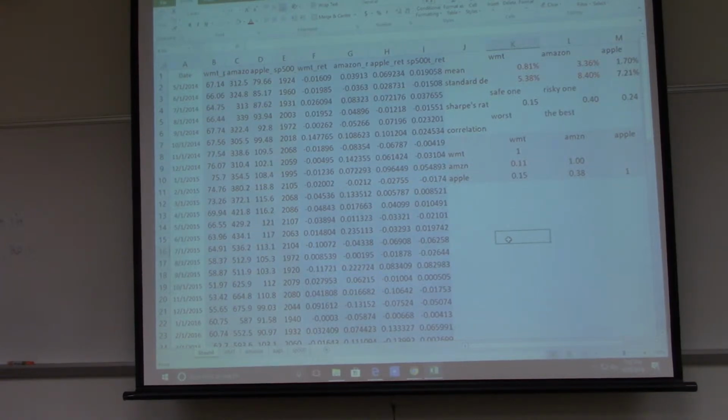Okay, so portfolio's return equals, for example, 50% is given, the weight of stock 1 times R of Walmart, and the weight 50% of Amazon times R of Amazon. This part is easy, but the standard deviation is difficult.